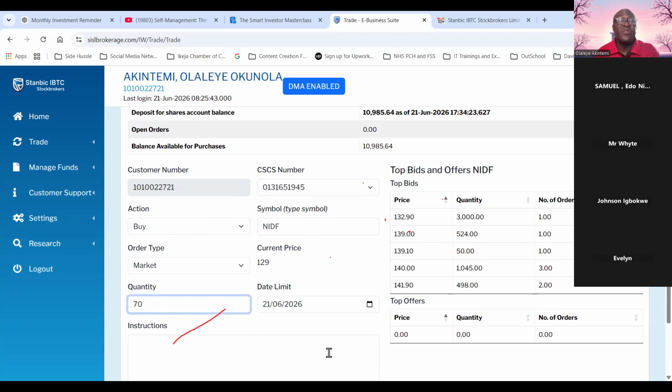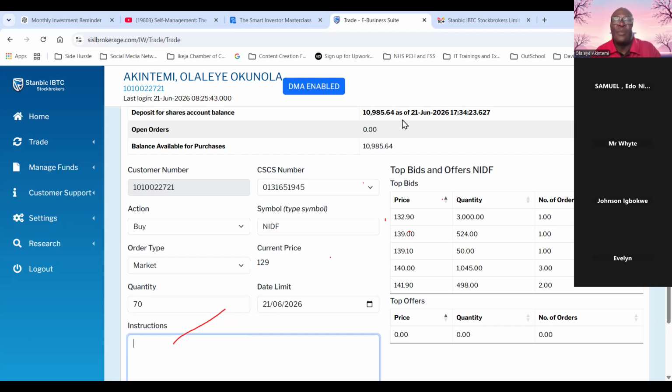So now I'm using market order because I don't want to use limit order. If you are using limit order and nobody is offering at the price that you are bidding, it's not going to be sold to you.